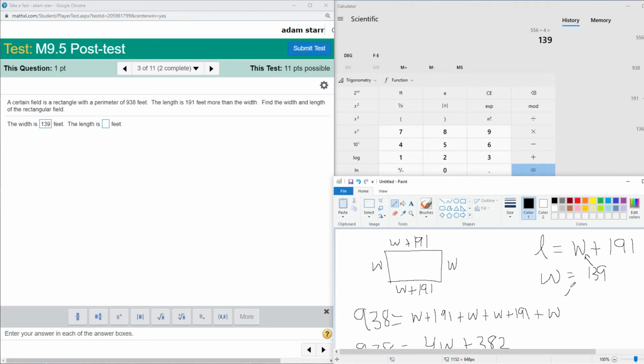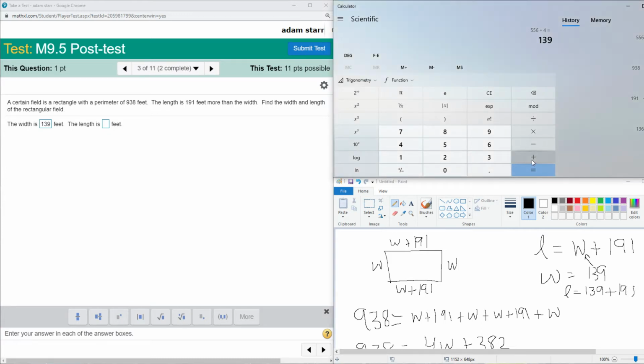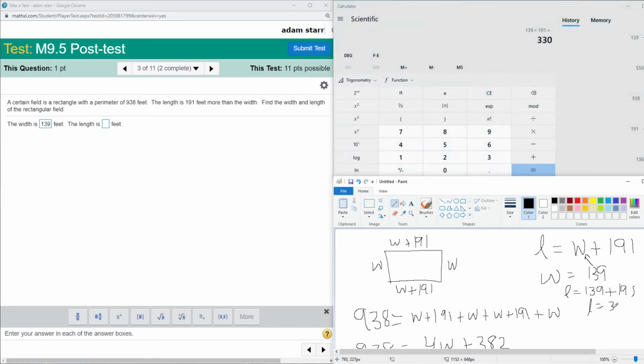In other words, my length is going to be 139, which was my width, plus this 191. So 139 is already here, plus 191, and my length is going to be 330 feet.